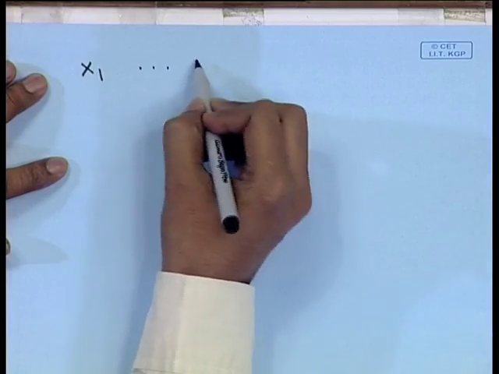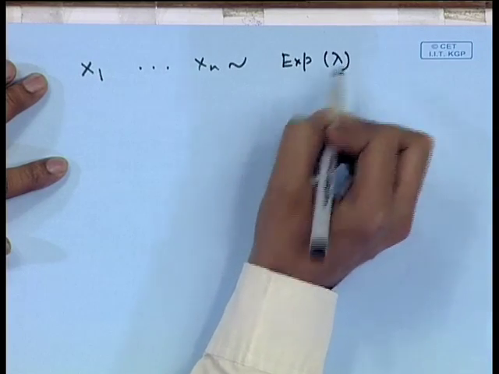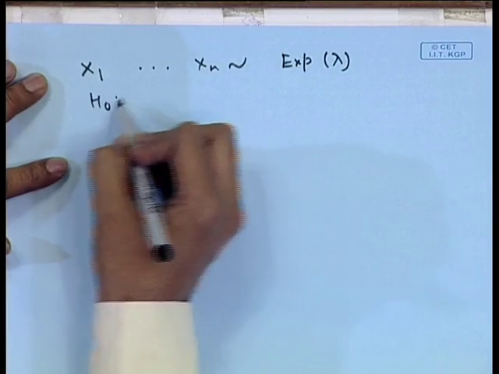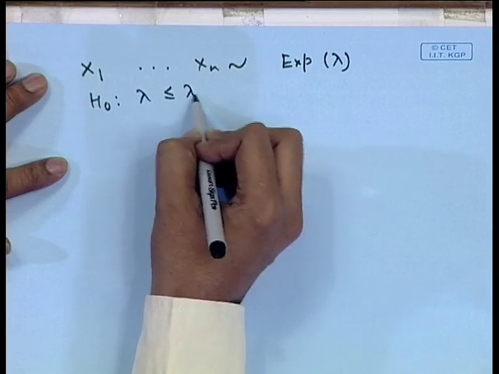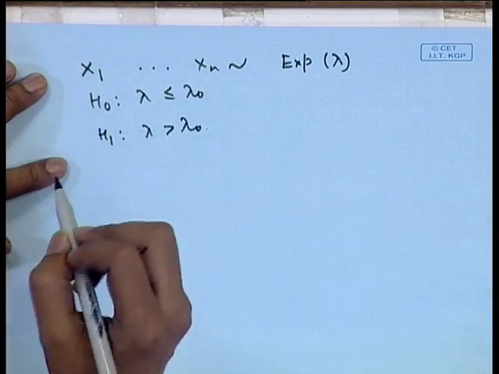Now, this idea of the extension of the Neyman-Pearson lemma to composite hypothesis can be applied to other distributions as well. Suppose we are taking the example of the exponential distribution that we considered, that x 1, x 2, ..., x n following exponential distribution with parameter lambda, and we are testing the hypothesis lambda less than or equal to lambda naught against lambda greater than lambda naught.